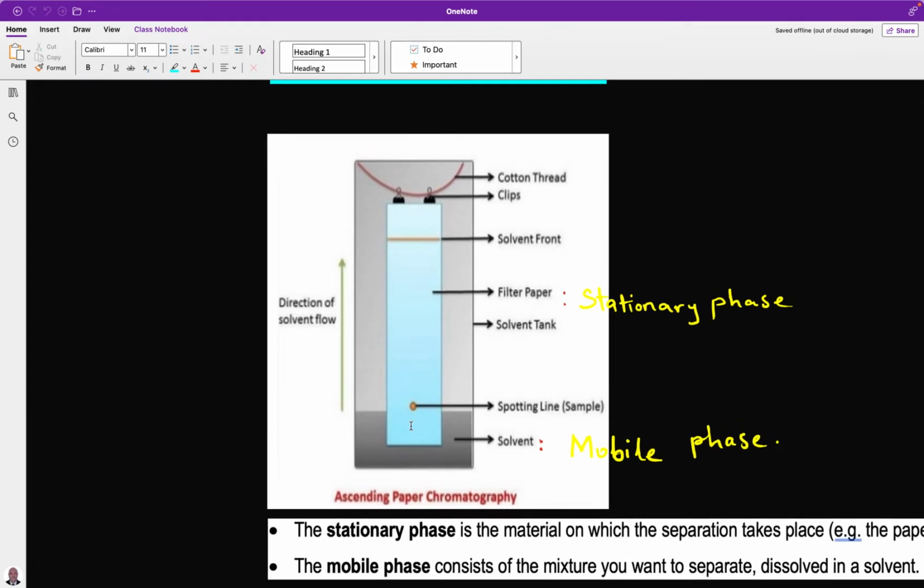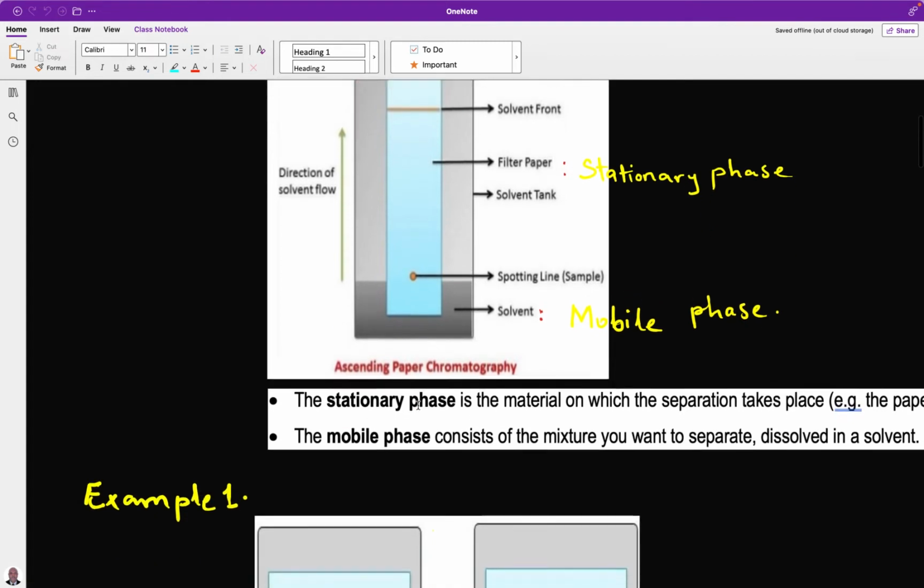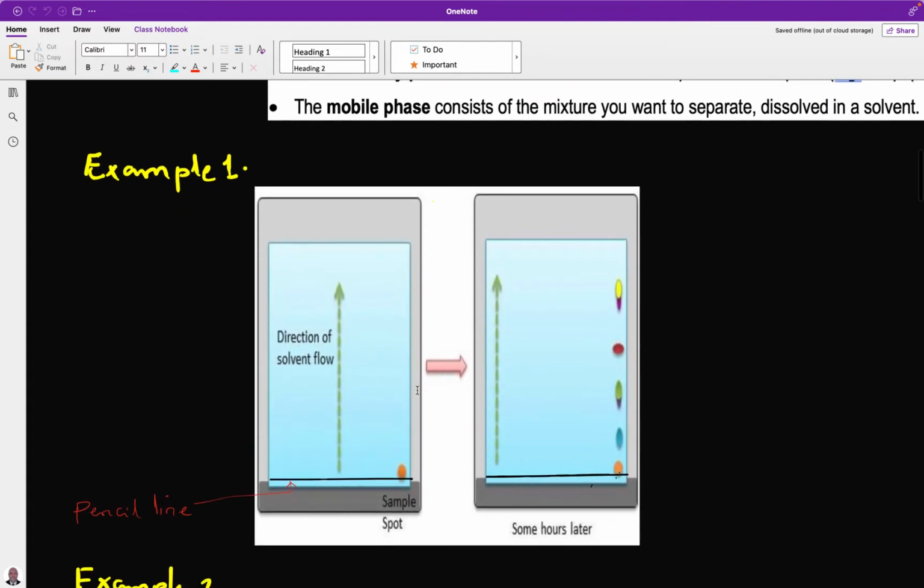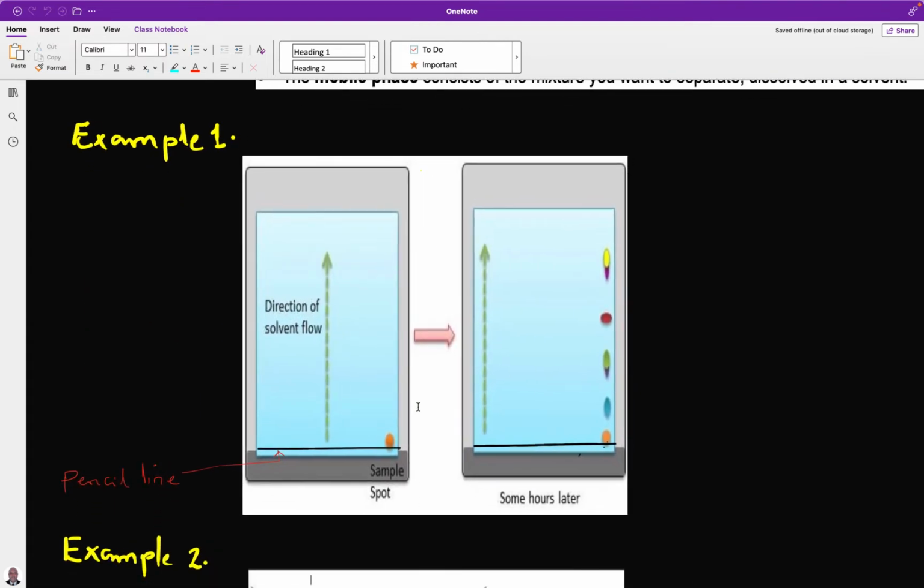Now, as I said, a lid is also important in this case, especially when our components or the analytes is a volatile liquid. In order to prevent it from evaporating, we need to cover it. So now, how does paper chromatography work?